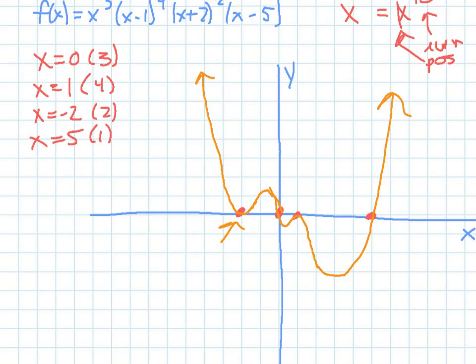I was coming from -infinity for a little while, so I'm going to head back to -infinity. And then eventually I have to get to 5, and since there's 1, I just go right through, no worry there, and then head to infinity like I'm supposed to. So I have the correct end behavior like I'm supposed to. Okay, have fun.